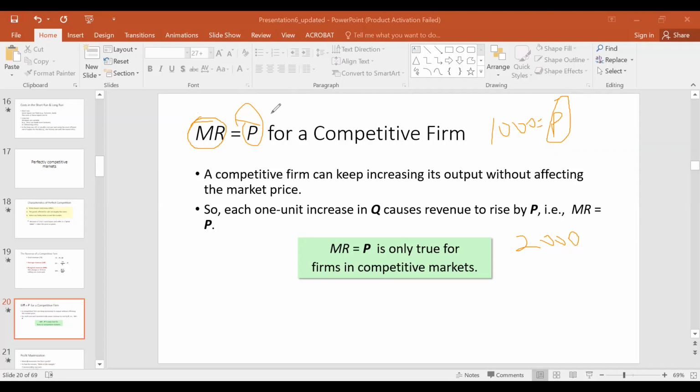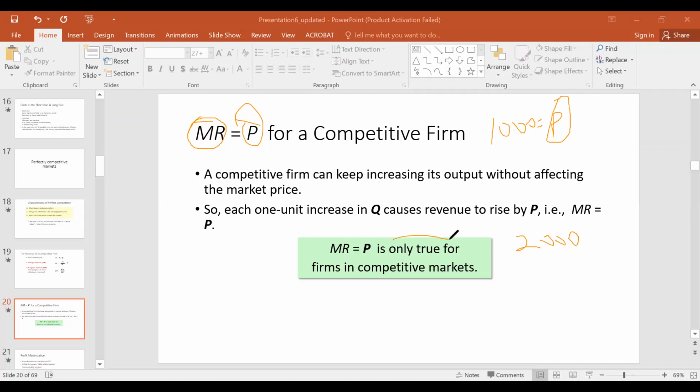You will see in another market structure that it's not the same. Sometimes for you to sell the second unit, you must reduce the prices. And that way, this equality will not hold. But in this market, price is fixed, and so it works well. That marginal revenue is equal to price.